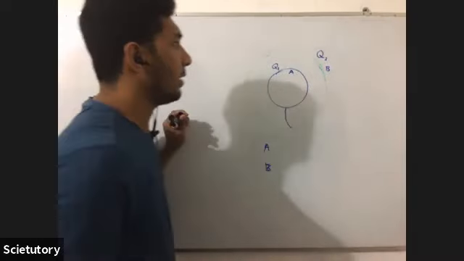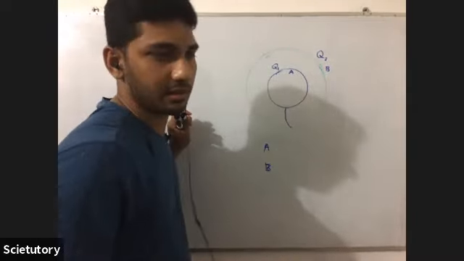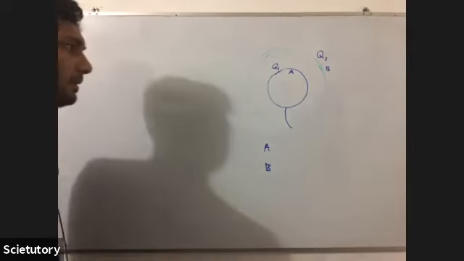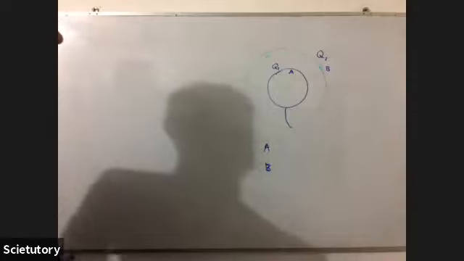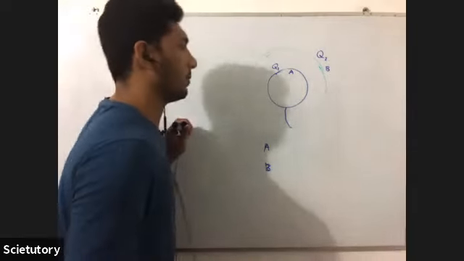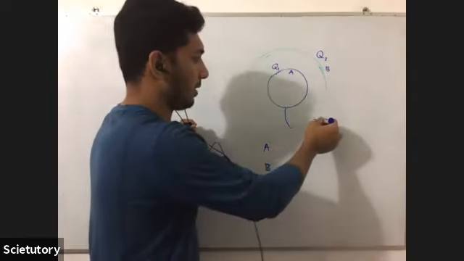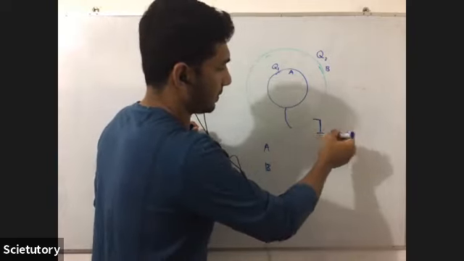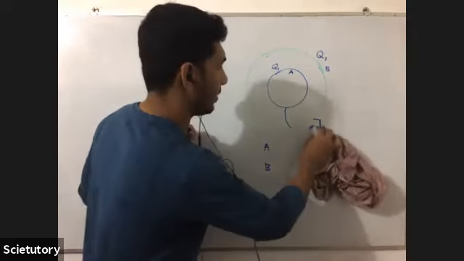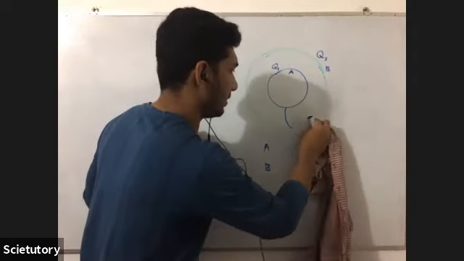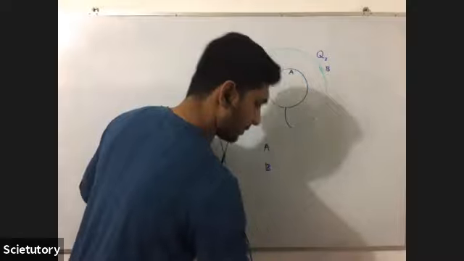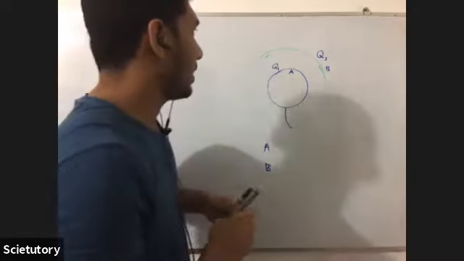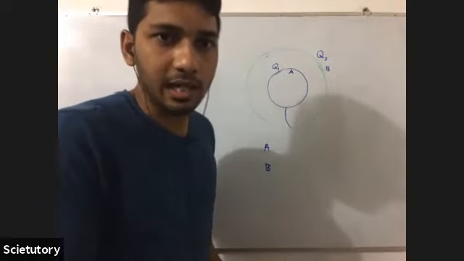Now here the situation is different. There is a theory. What theory? The potential of the outer surface of a shell is the potential of the volume that is contained in that shell.